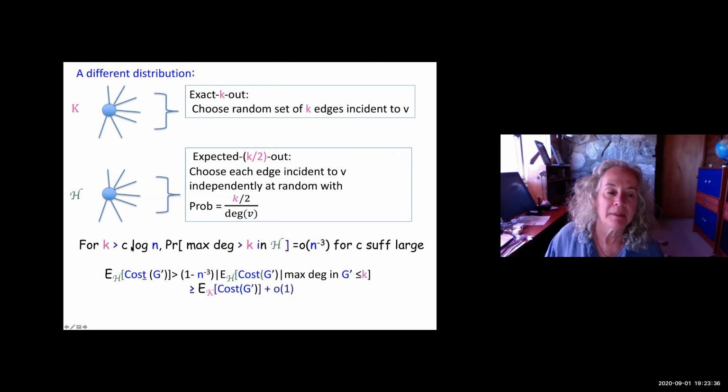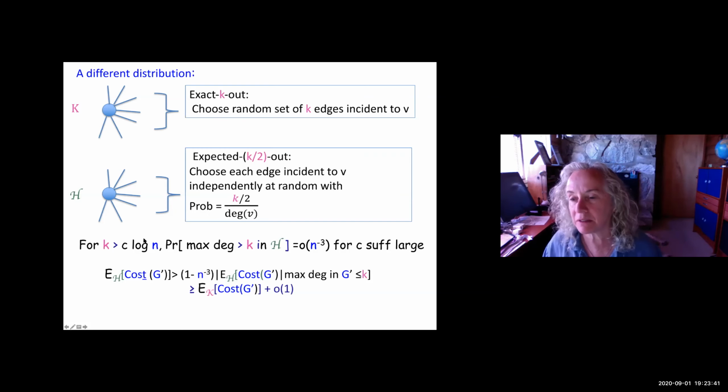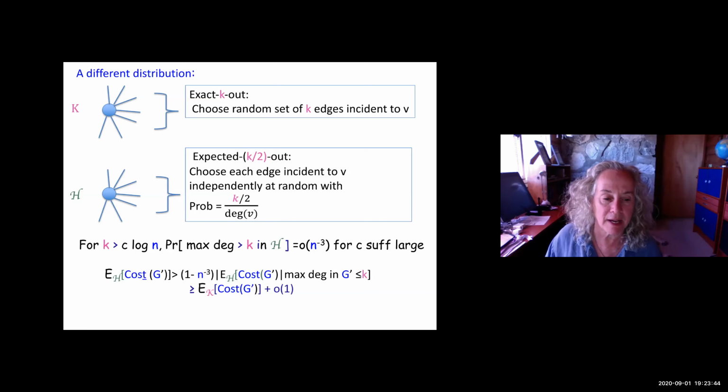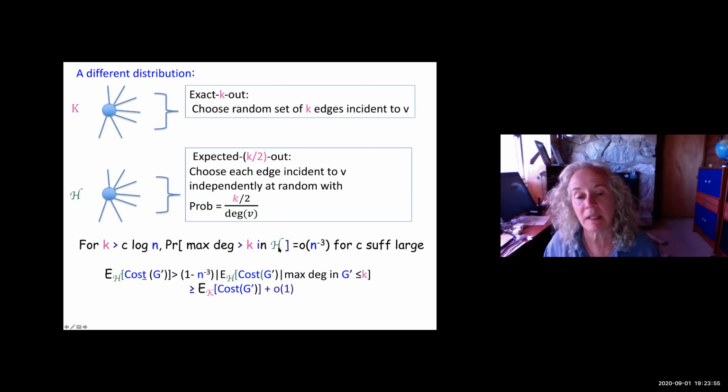Now, it works because we can work with this distribution, which I'm calling H, instead of the original distribution K, because of this little fact here: for any k greater than C log n, the probability that the maximum degree of any node in a graph generated according to H exceeds twice its expected degree, which is k over 2, is very low. Because k is larger than C log n, using Chernoff bounds, we're not going to exceed twice the expected amount, except with very low probability.